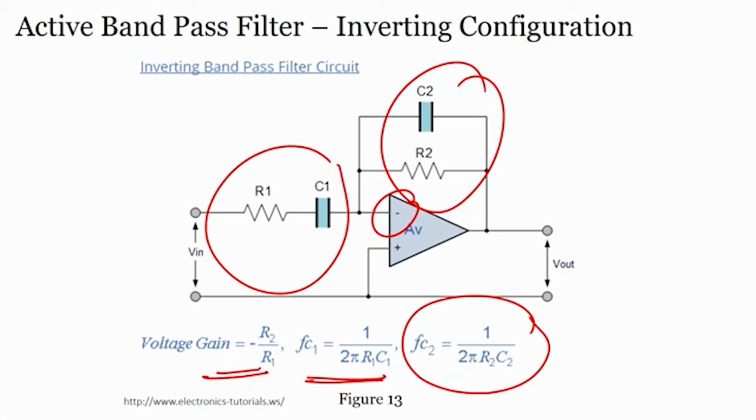Earlier it was a non-inverting band pass filter, this is an inverting band pass filter. It does not matter whichever you use, because the idea of using an op amp is to use it as an amplifier. So, if you want to amplify the signal along with filtering, you can use the operational amplifier in inverting or non-inverting type.